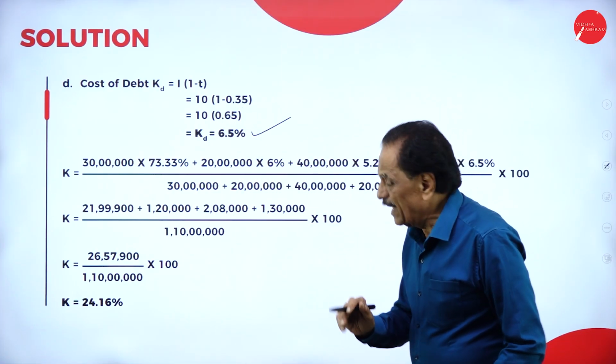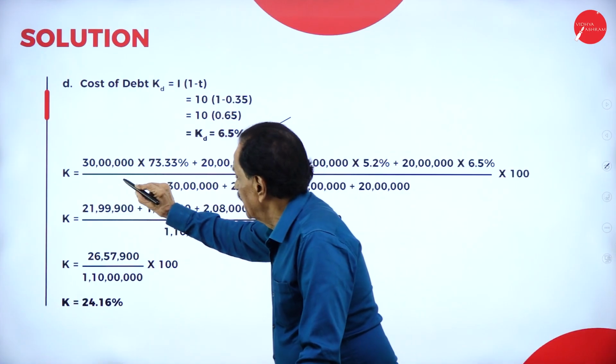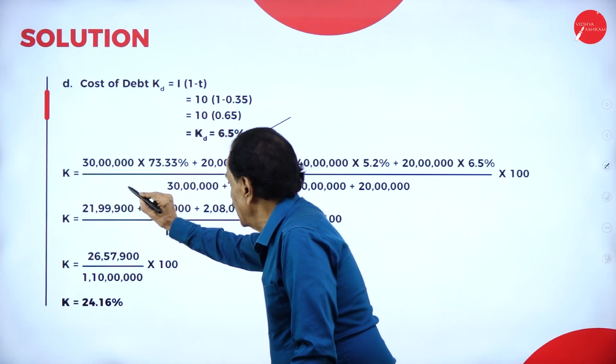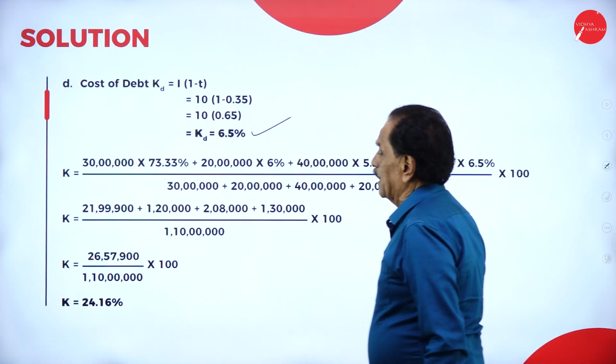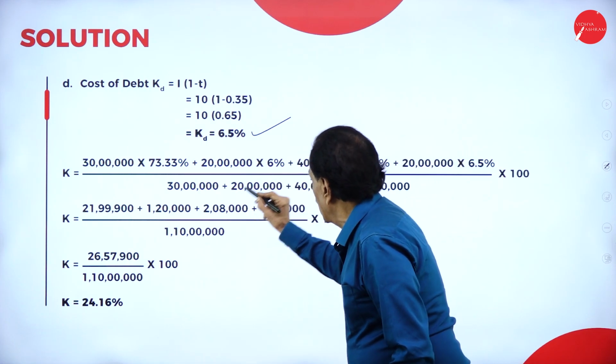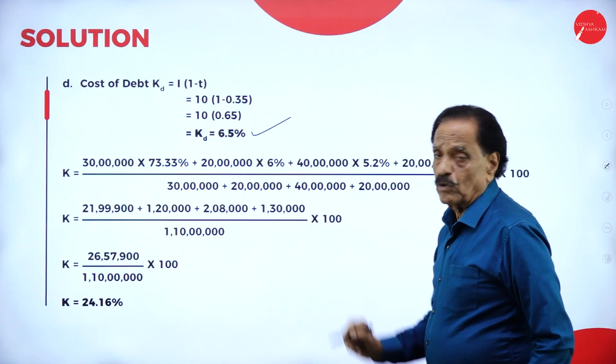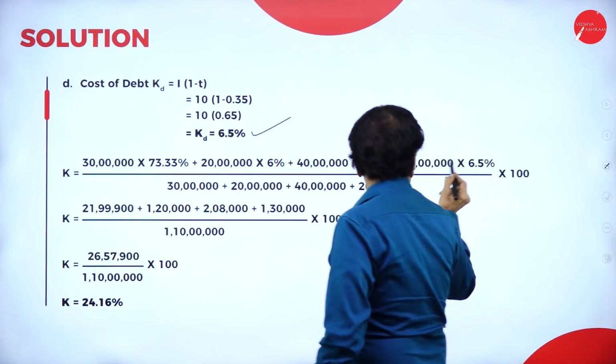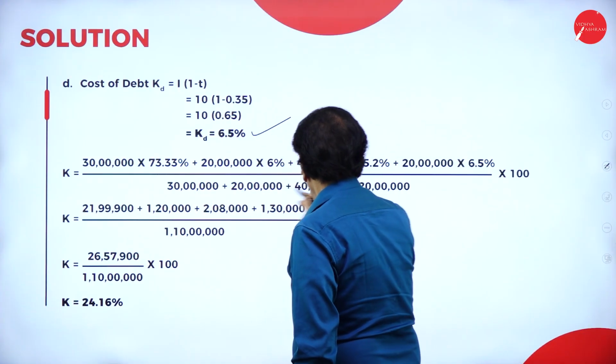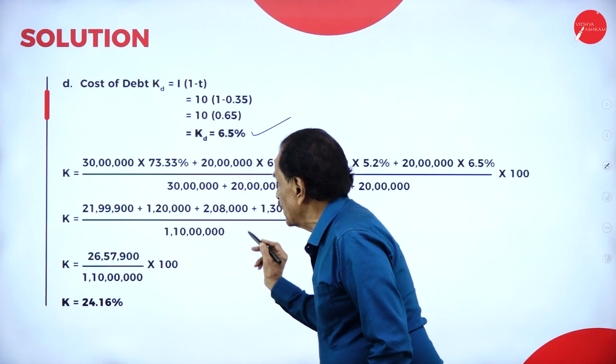Now multiply for the cost of capital: 30 lakh into 73.33 percent plus 20 lakh into 6%, 40 lakh into the old 5.2%, new debt 20 lakh into 6.5, total already given 1 crore 10 lakh.